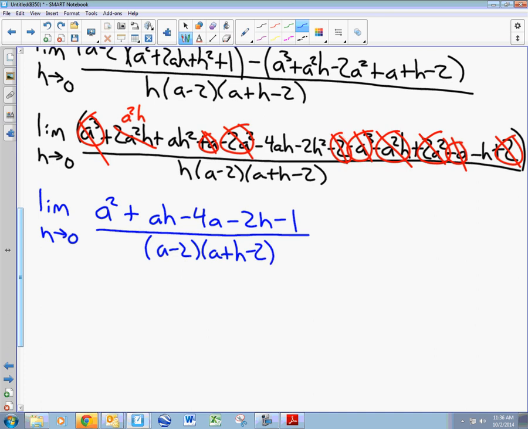Now, before we go any further, you should have noticed that everything canceled in the top that didn't have an h. That's a way to check to see if you've got it right. So once you get to this point, you could ask, did everything cancel that didn't have an h? Everything must cancel that didn't have an h. If it didn't, you got something wrong.